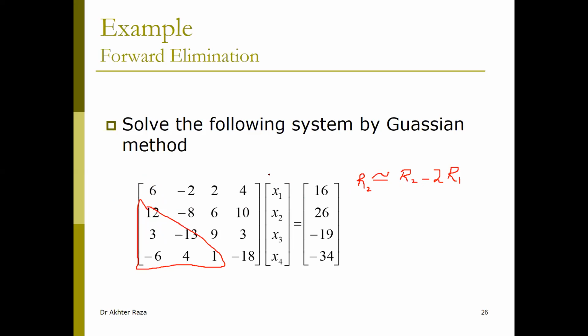Instead, I am going to divide row number 1 by 6, so we will have 1. So both options are correct. Either we can subtract directly by multiplying by 2, or R1 equals R1 by 6.